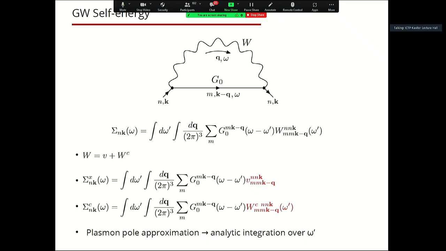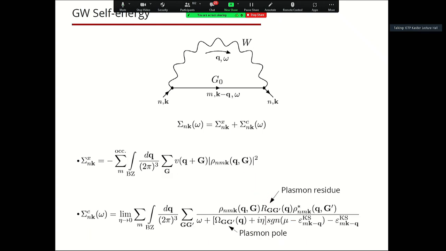Then the approximation behind the plasmon pole is that if you consider the macroscopic case, thus G, G prime equals 0, you see in the experiment of a lot of materials more or less one plasmon.